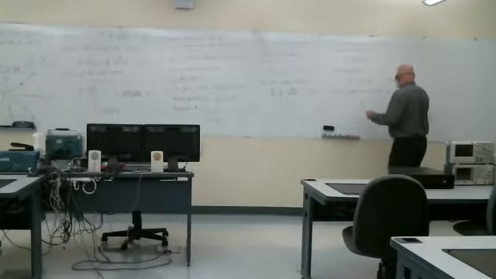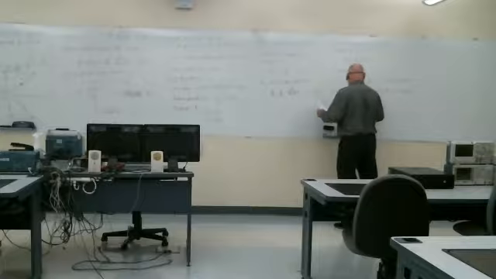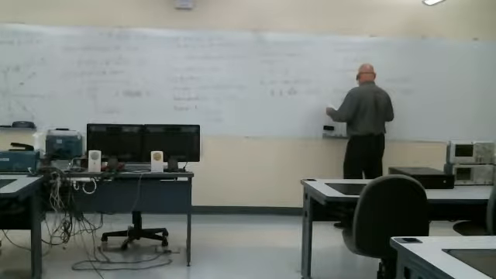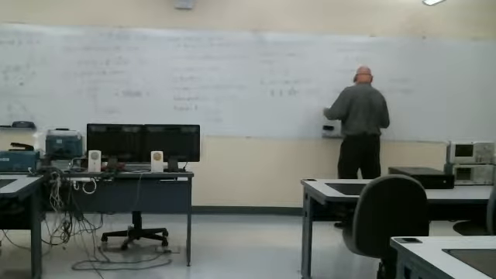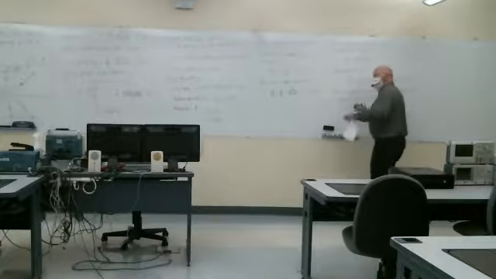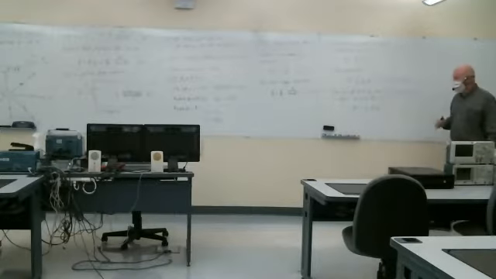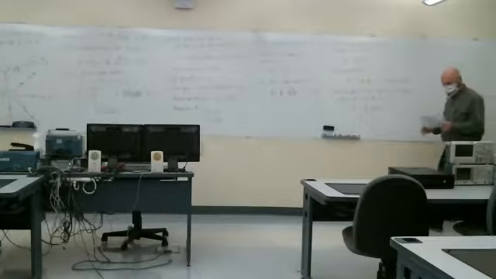The flux through a sphere of radius r is, so this is a closed surface integral, because I'm going to go around the whole sphere, so the little circle in the integral indicates that this is a closed surface as opposed to an open surface.